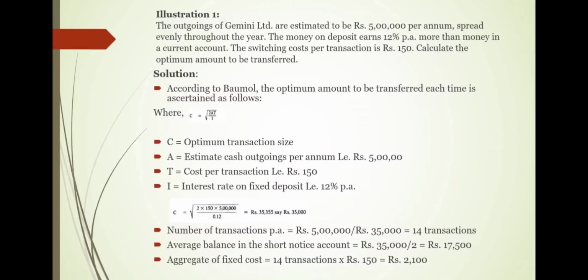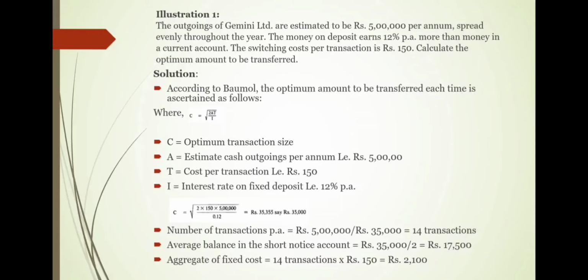The formula is C is equal to the root of 2AT divided by I, where C stands for the optimum transaction size and A is the estimated cash outgoings per annum, that is rupees 5 lakhs. T is the cost per transaction, that is rupees 150.